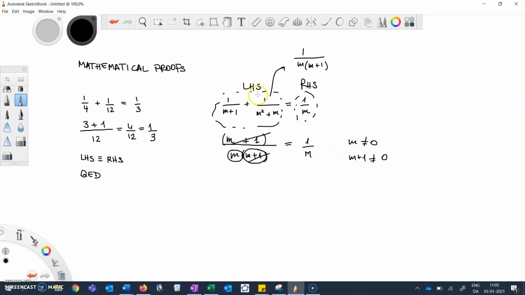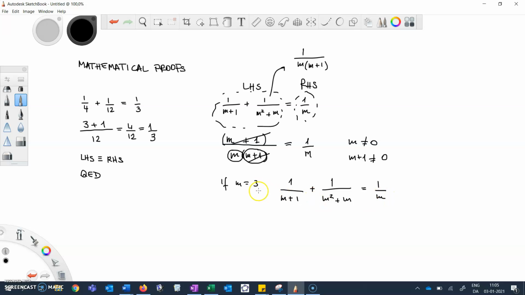But what I did here was just a more general example of proving that the left-hand side is equal to the right-hand side. I could now use this proof to verify this equation for a particular m. For instance, if m is equal to 3, I can now use this relation that I found, which I rewrite here for the sake of it.